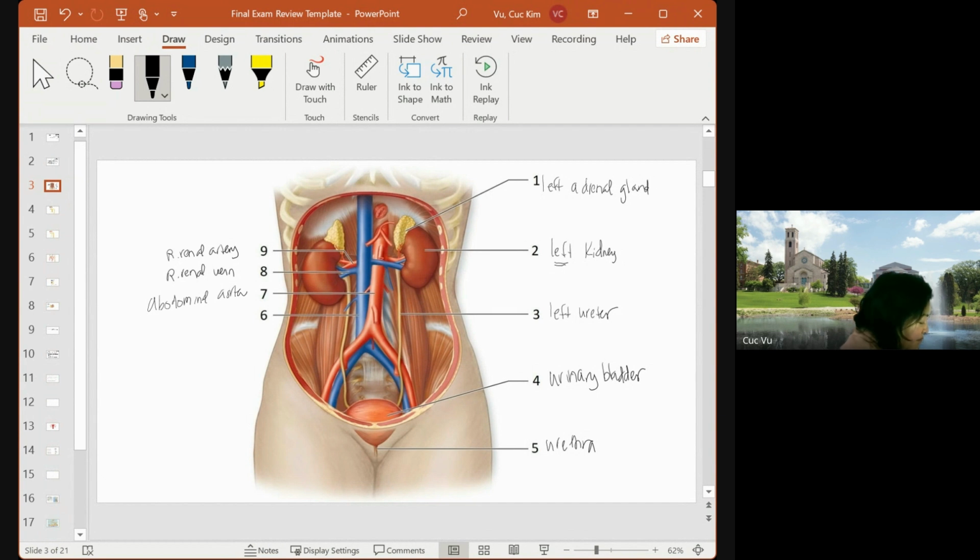And number 6 is the blood vessel that's going to take the blood back to the heart. It will eventually become the inferior vena cava.